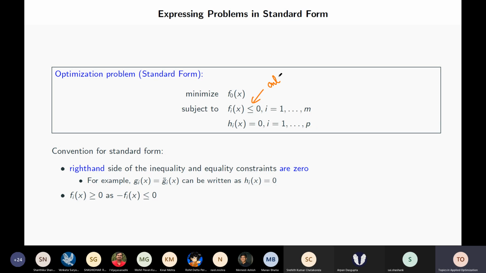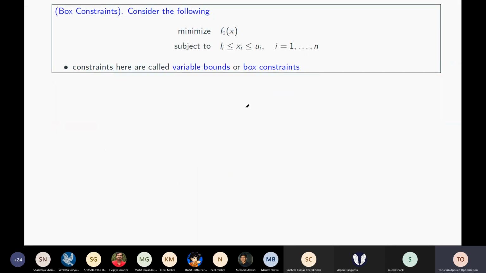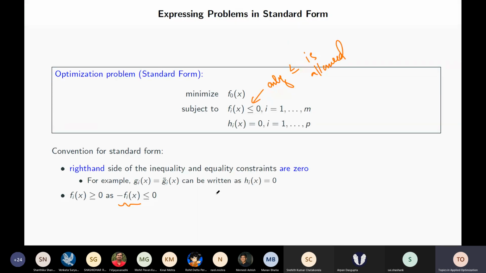Okay, so only less than or equal to is allowed in standard form. We have seen that by multiplying by a minus sign and redefining our function fi as minus fi, we can make it into less than or equal to form. So these are the 2 things that we keep in mind when we are writing a problem in standard form.